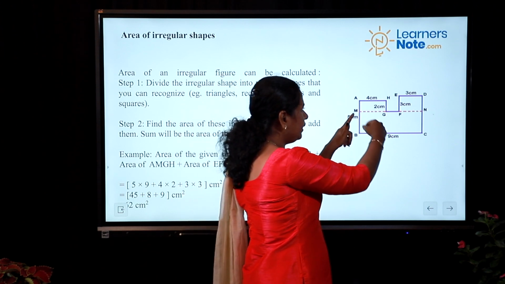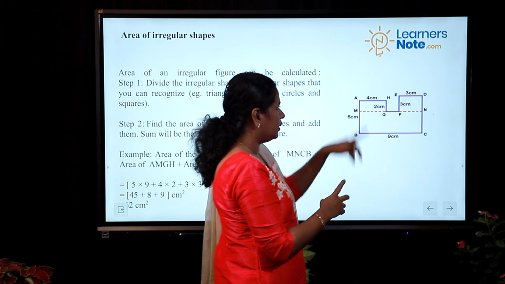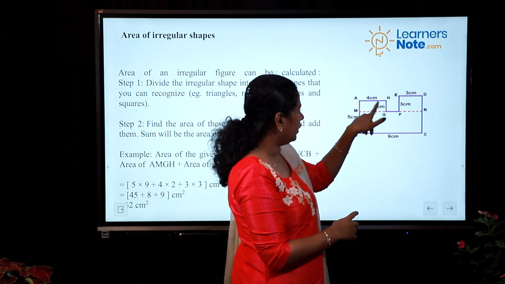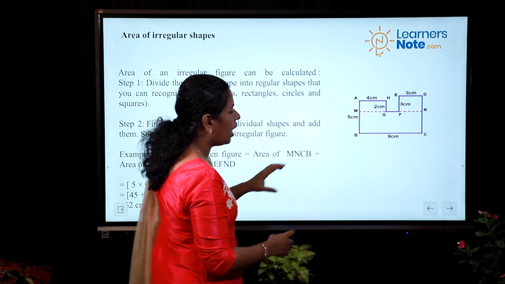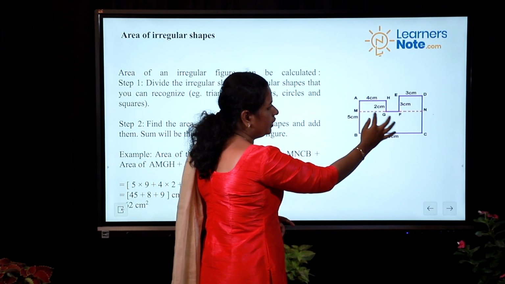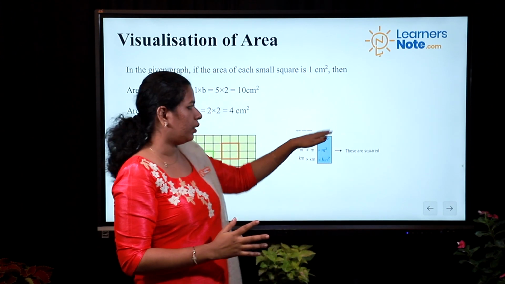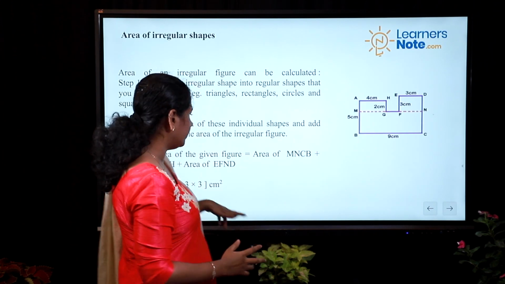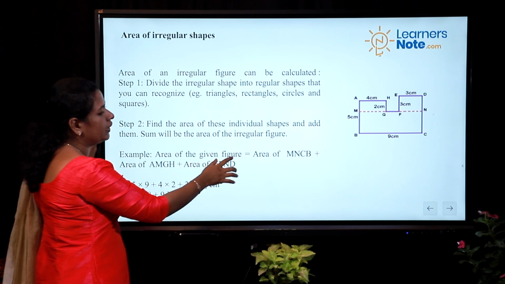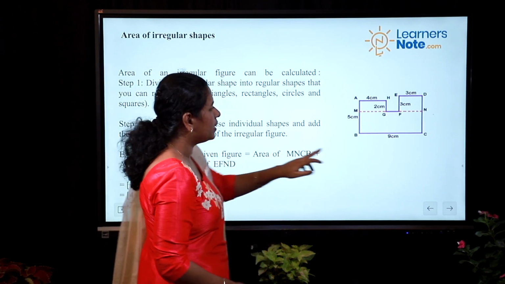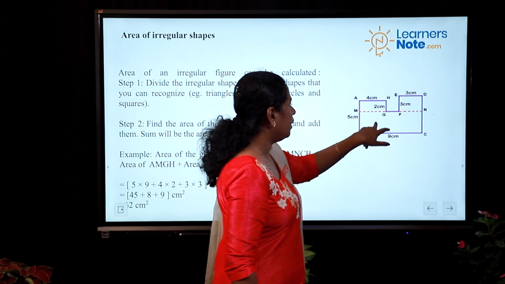You already studied how to calculate the area of a square and the area of a rectangle. Then for calculating the entire region enclosed by this violet color, the A, B, C, D, G shape, we have to add the area of this rectangle with the area of this rectangle and the area of the square. By adding the areas of all the regular shapes, we will get the total area. So here I have noted an example: area of the given figure, area of MNCB.